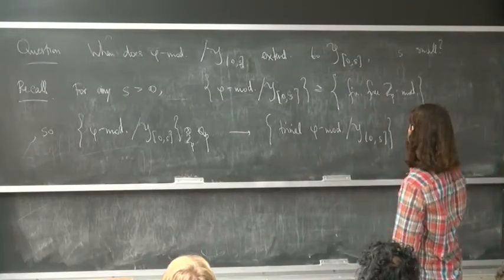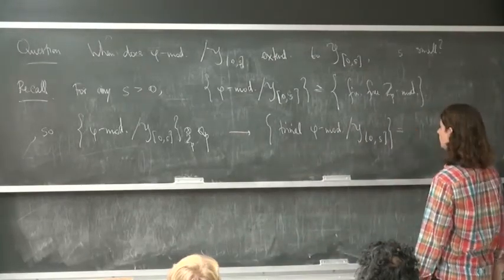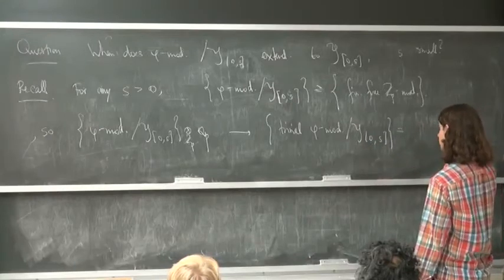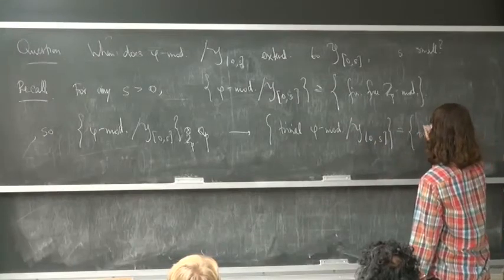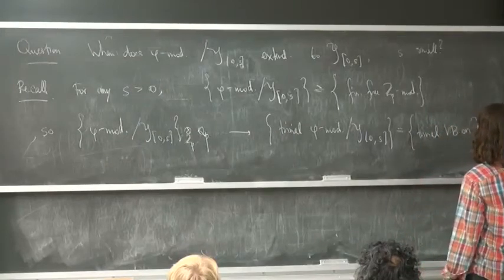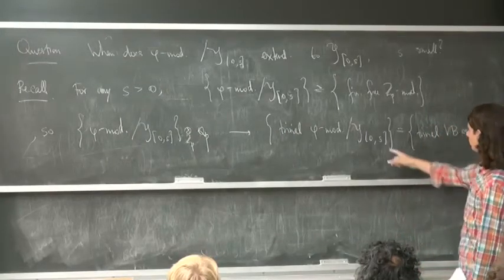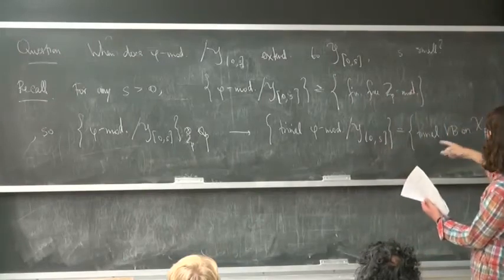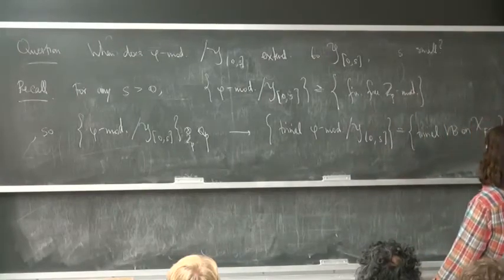Because those guys are all trivial, and this is a linear category, those are the same thing as trivial vector bundles on the Fargues-Fontaine curve, because we can again spread out this thing over 0 infinity and then take the quotient by phi.